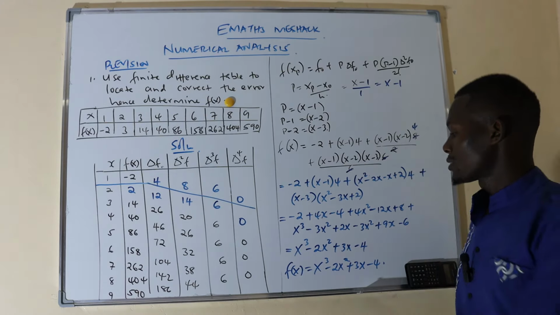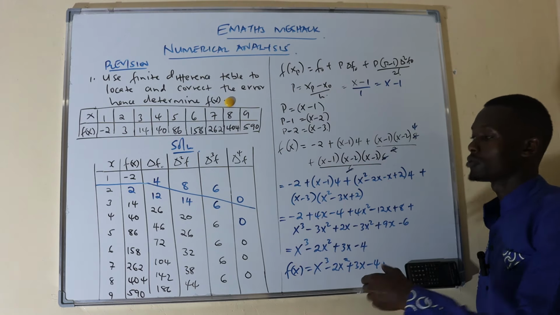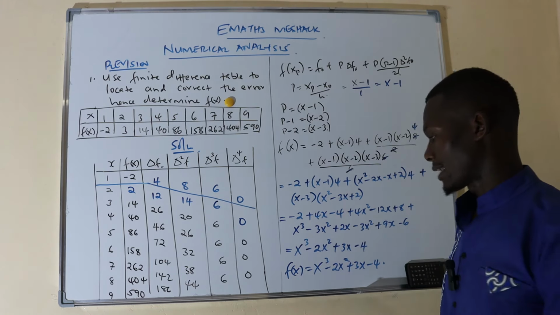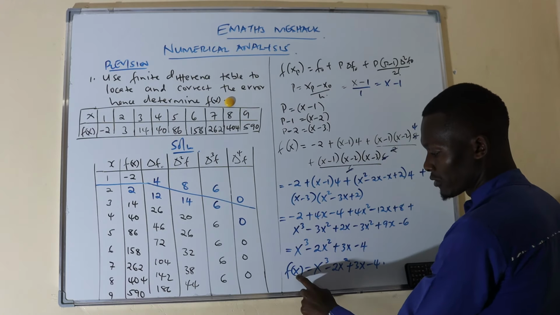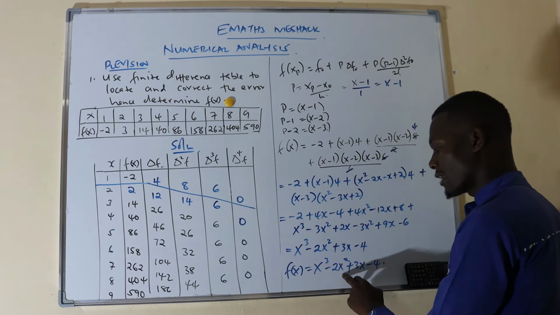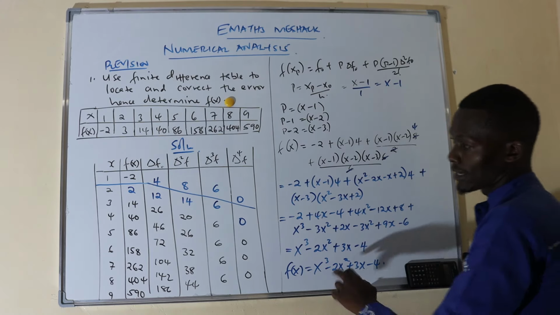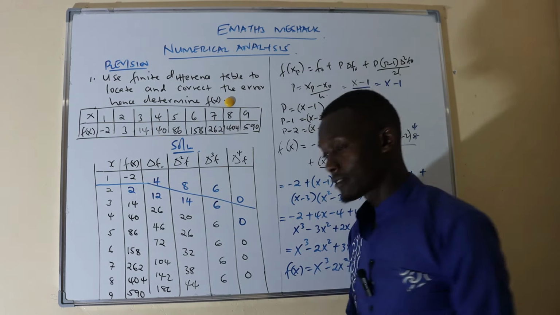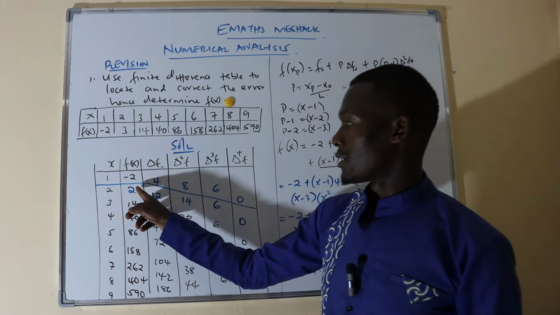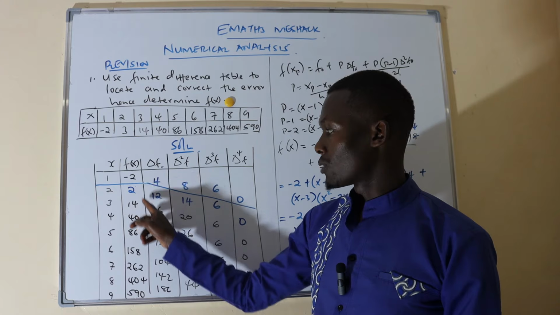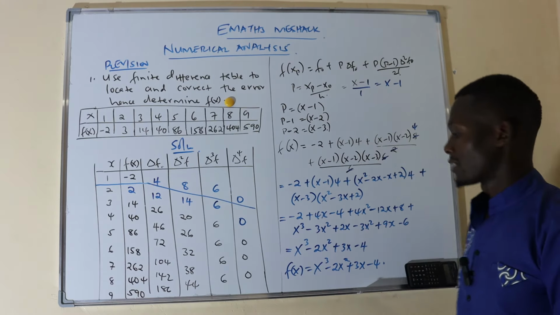But now, once you have the f of x function, you just replace the value directly. So if I have 2.5, I just replace every x with 2.5 and you'll get a value that definitely lies between 2 and 14.